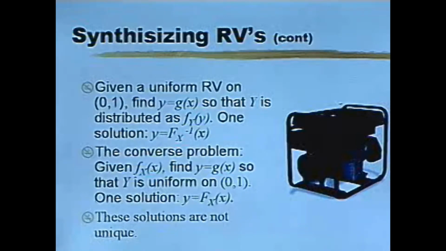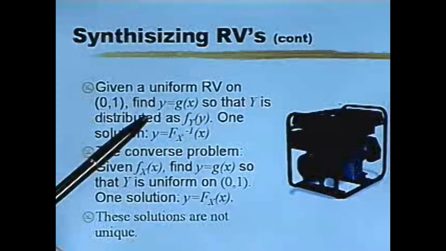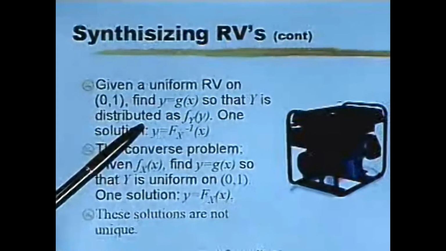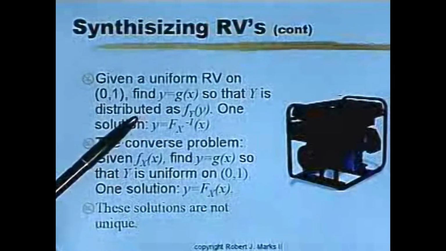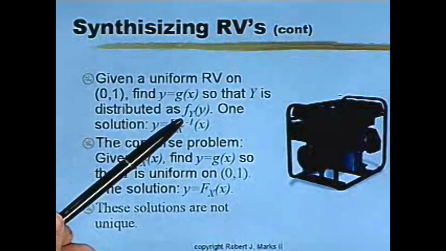So here's the general synthesis problem for uniform random variables. Given a uniform random variable generated in MATLAB or C++, how do we generate a corresponding random variable such as an exponential? So given a uniform random variable on 0, 1, find a nonlinearity so that y is distributed as f sub y of y, where this is a given function.